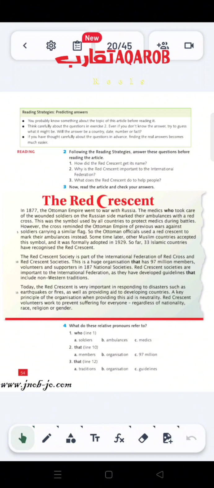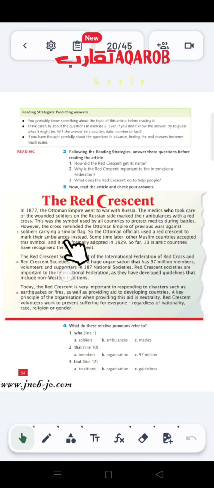However, the cross reminded the Ottoman Empire of previous wars against soldiers carrying a similar flag. So the Ottoman officials used the Red Crescent to mark their ambulances instead. Sometime later, other Muslim countries accepted this symbol, and it was formally adopted in 1929. So far, 33 Islamic countries have recognized the Red Crescent.